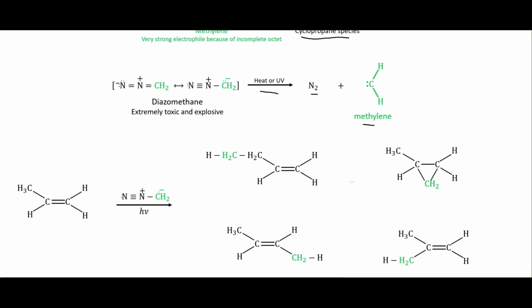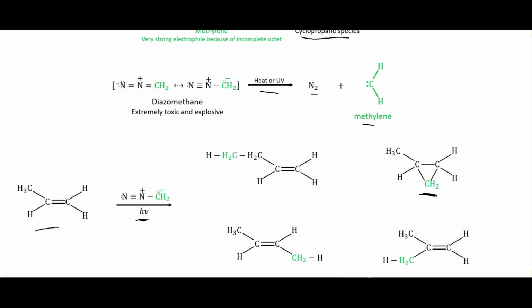And so one of the issues here, not just because it's toxic and explosive, is that these carbenes are also just extremely reactive. And so when we use some light here on our diazomethane and we have our alkene here, we're going to get a bunch of these side products. So we're not just going to get this cyclopropanated hydrocarbon right here.